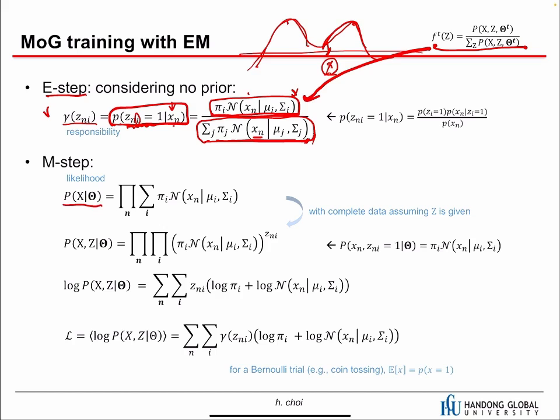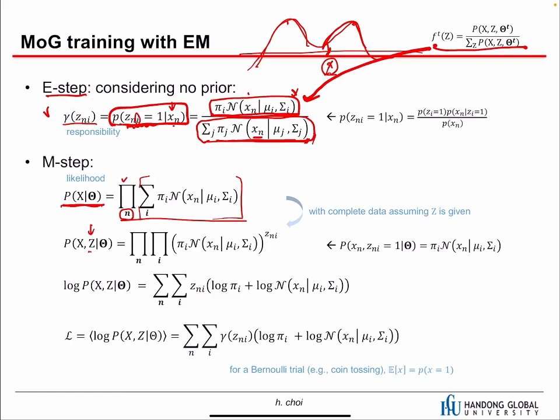And the M step is, we actually use the likelihood here. We want to maximize this likelihood, and the likelihood can be rewritten in this way because we have a mixture of Gaussians and lots of samples, and the samples are IID, so we can take the product of all these probabilities. So we have a product here, and then we have a mixture of Gaussians here. This is our definition of the likelihood, and we introduce a hidden variable z.